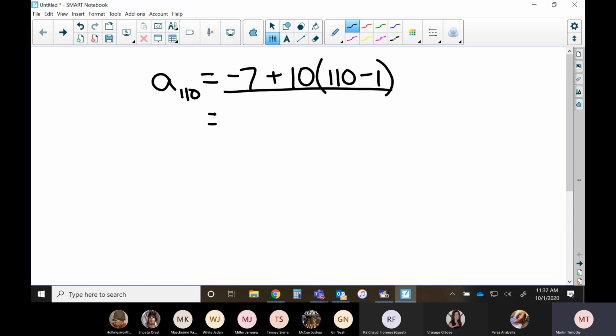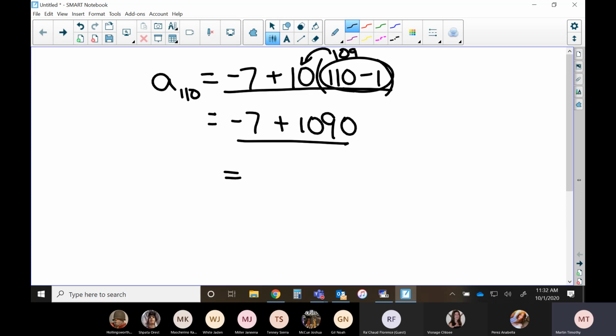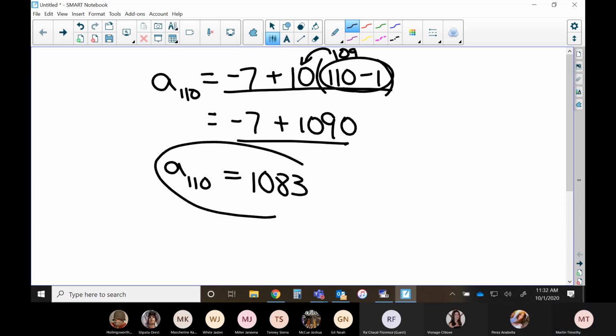Since there's no variables, you can just do the math, meaning you can actually do 110 minus 1, and then you can take that and times it by 10, because there's no variable there, right? And then you can actually combine these, because there's no variable there. And so you can tell me the 110th term should be 1083. Does that make sense?